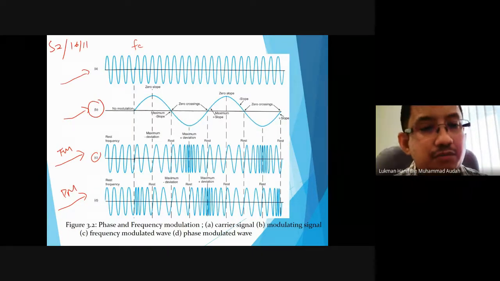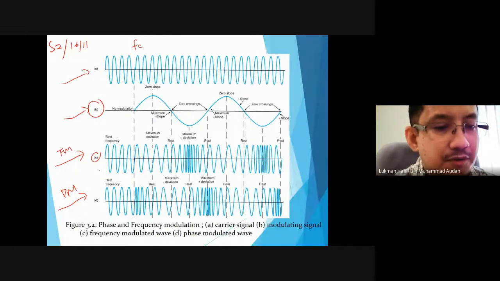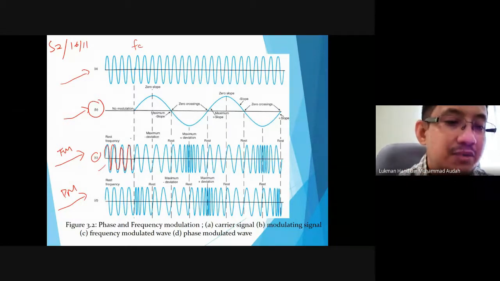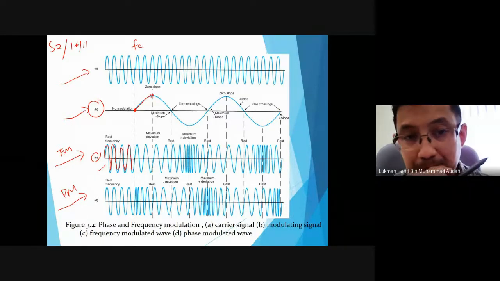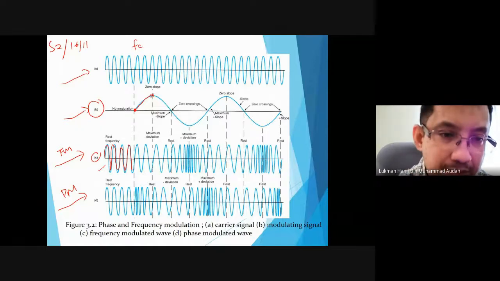Okay. So if you see from here, the carrier is at rest frequency. Nampak dia punya frekuensinya stabil. Kemudian you see that this information signal moves from 0 until positive maximum. So what happened?